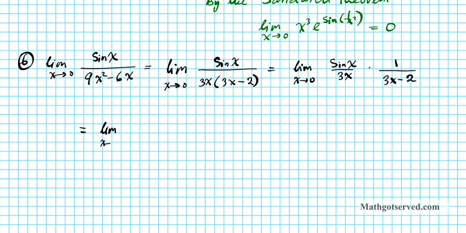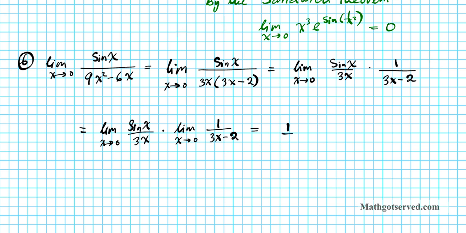You have the limit as x approaches 0 of sine x over 3x times the limit as x approaches 0 of 1 over 3x minus 2. All right, so we're going to use the sandwich theorem here. In this case, a is 1, b is 3. So remember, sine ax over bx is simply a over b.